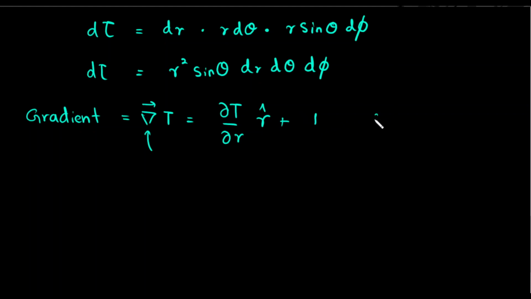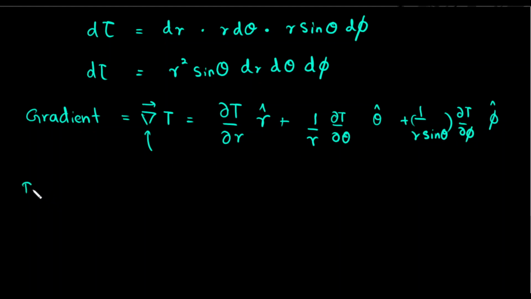So we will have theta hat and psi hat in the expression, but the vector components are going to change. That's going to be 1/r ∂T/∂theta, and this is going to be 1/(r sin theta) ∂T/∂psi.